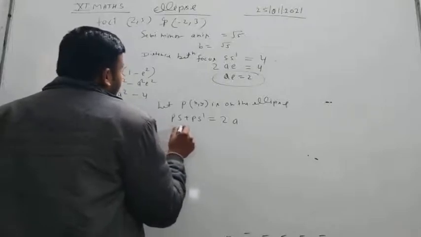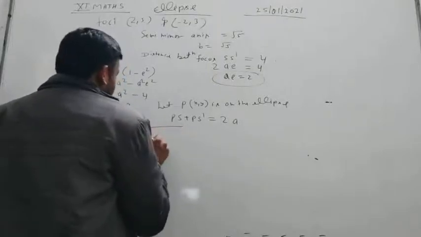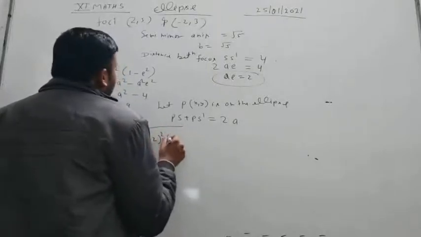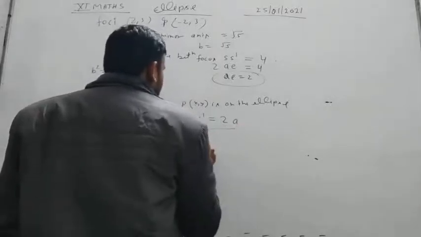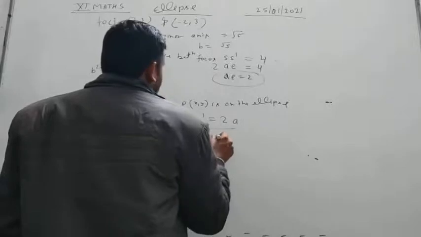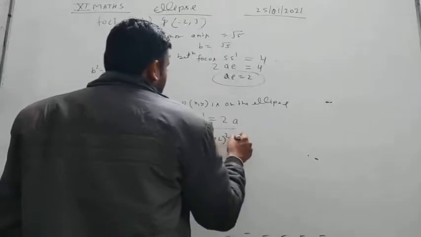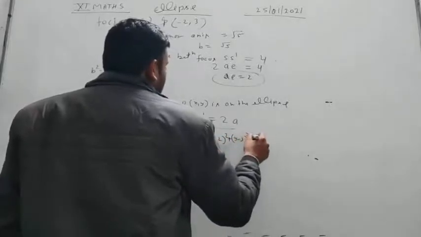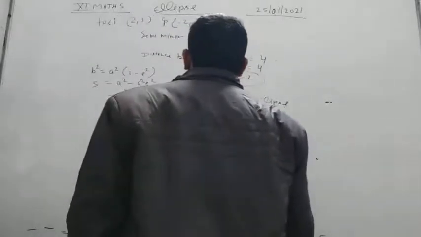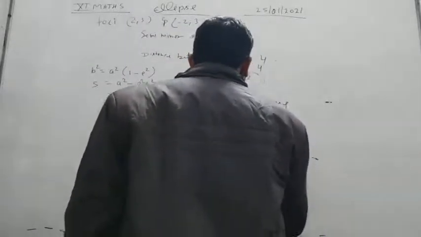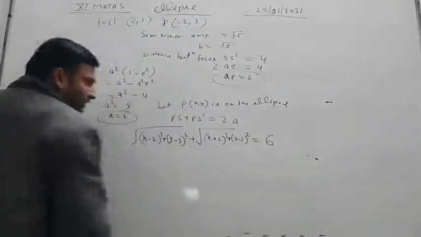So it will be under root (x minus 2) whole square plus (y minus 3) whole square, plus under root (x plus 2) whole square plus (y minus 3) whole square is equal to 2A, and A is 3, so this is equal to 6.